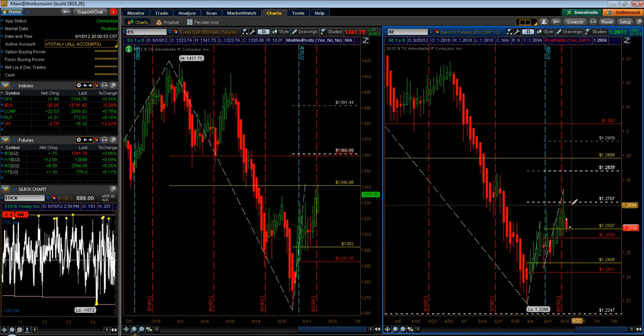rest of June, July, and August. Now August, the last 2 years, just as a heads up, have been very lousy. They've been very choppy, and this is just the pattern of the last 2 years. This number right over here, VIX 18.